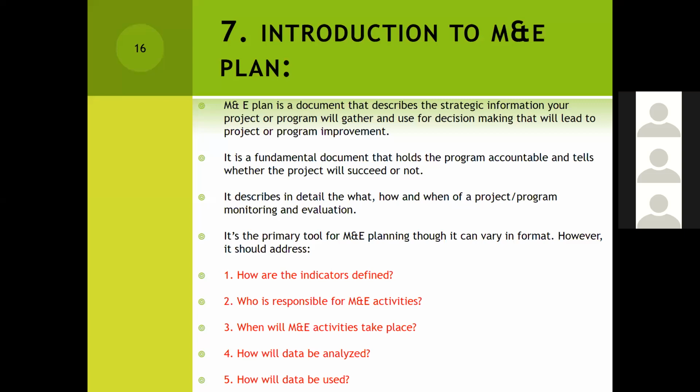But really, an M&E plan is a document that captures the strategic information about your project and program, and how your project or program will gather and use it for decision making that will lead your project or program to improvement. And that's basically what we normally have when you talk about an M&E plan.